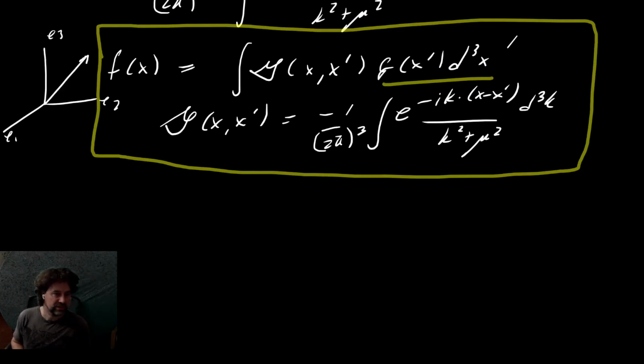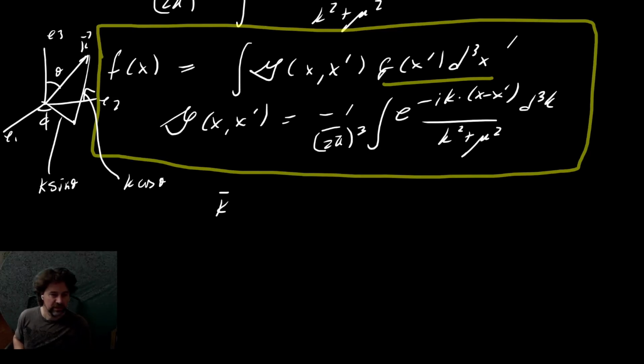We have a vector in k space that comes at an angle phi in the xy plane, or the k1, k2 plane, and theta here, so that our z-axis component of k has magnitude k cos theta, and our k1, k2 plane component of k has magnitude k sine theta, and our total value of k is going to be e1 e to the e1 e2 phi sine theta plus e3 cos theta.